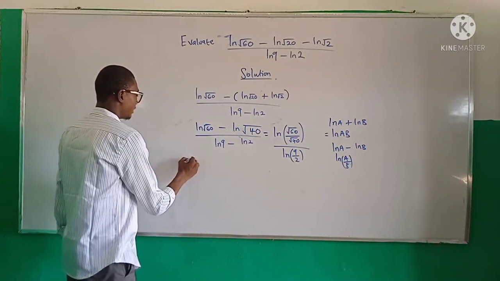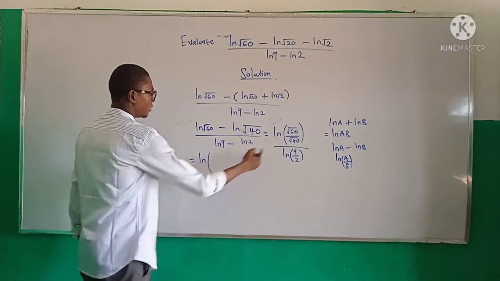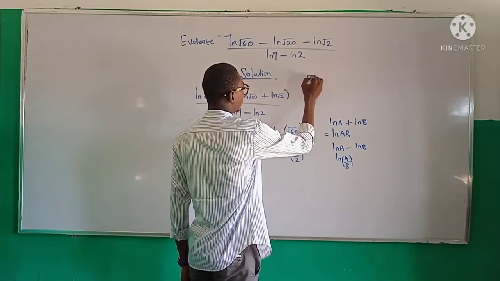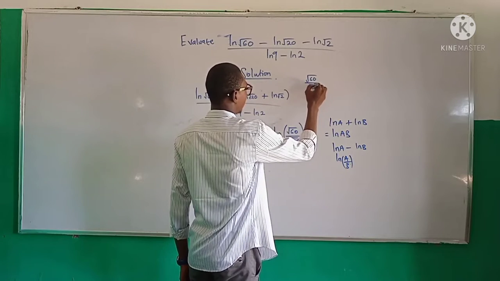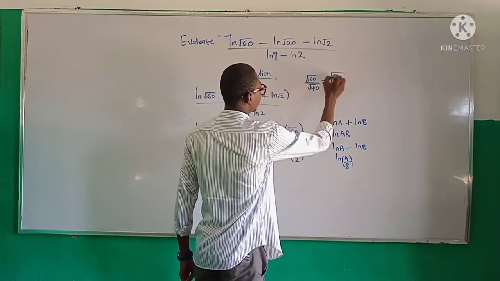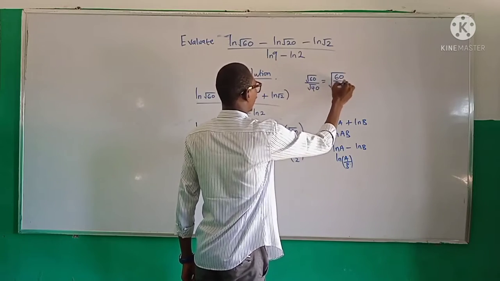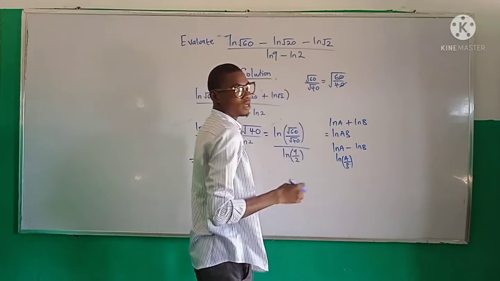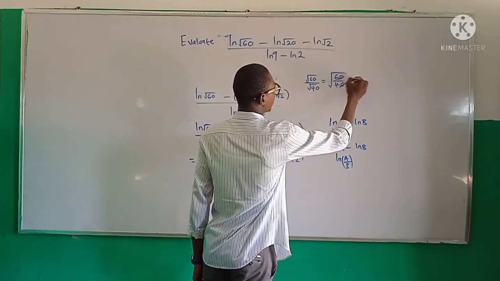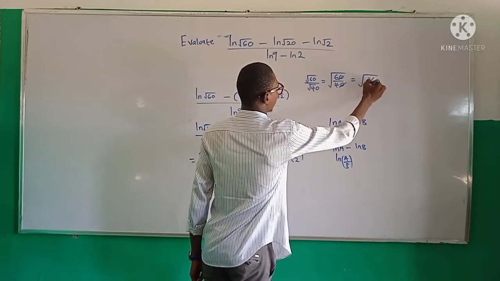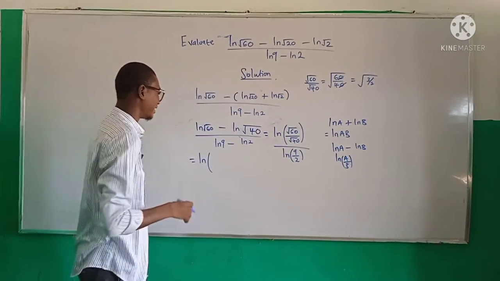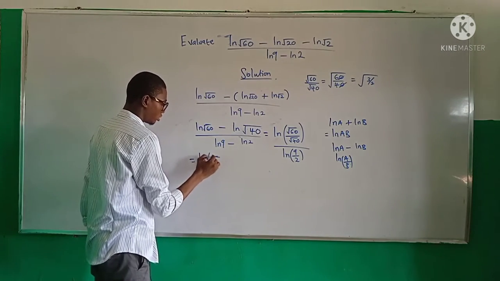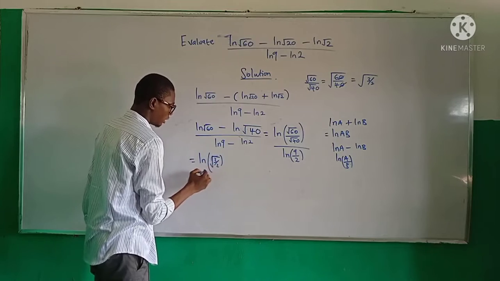Now for ln of root 60 divided by root 40, you can rewrite this as root of 60 divided by 40, and then you have 6 divided by 4, which can be reduced to root of 3 divided by 2. I'm sure you understand that. So you have root of 3 divided by 2 here, and there you have ln of 9 divided by 2.